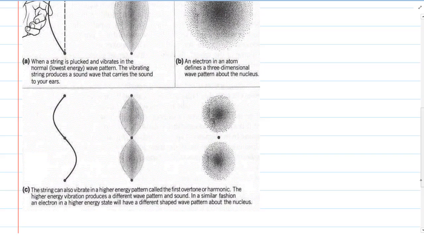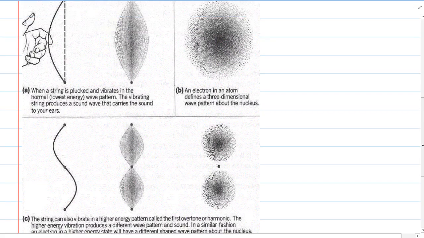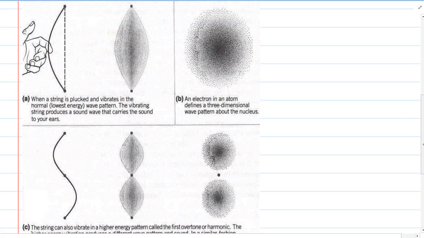Now if you're a musician, and I know we have some in here, if we were to listen to these two, what would be the difference that we'd hear between these two vibration patterns? How does this one sound compared to this one up here? It'd be higher. And what does it mean by higher?